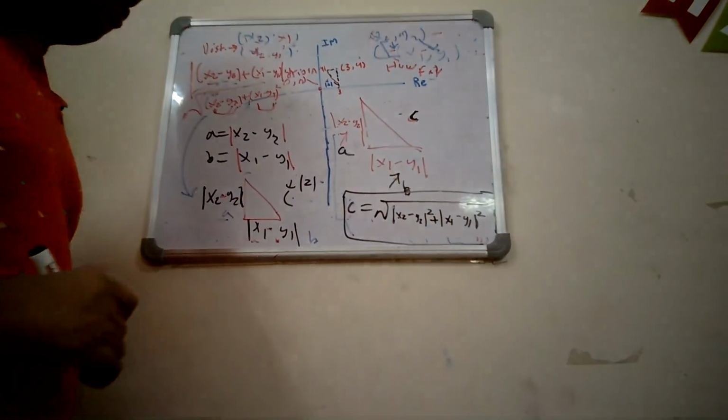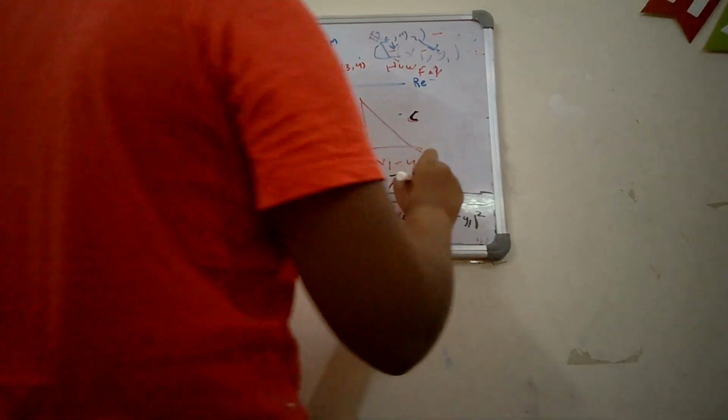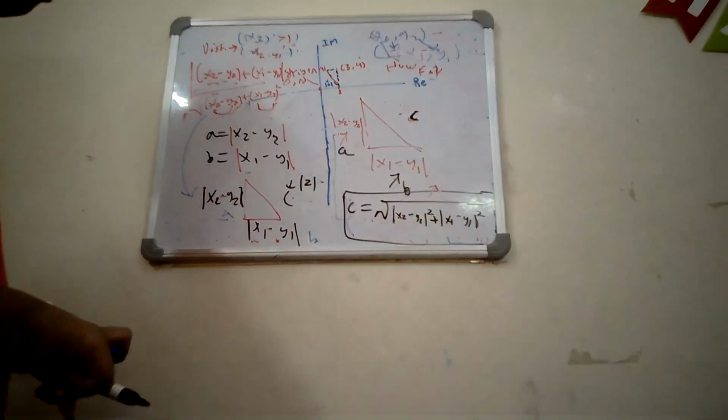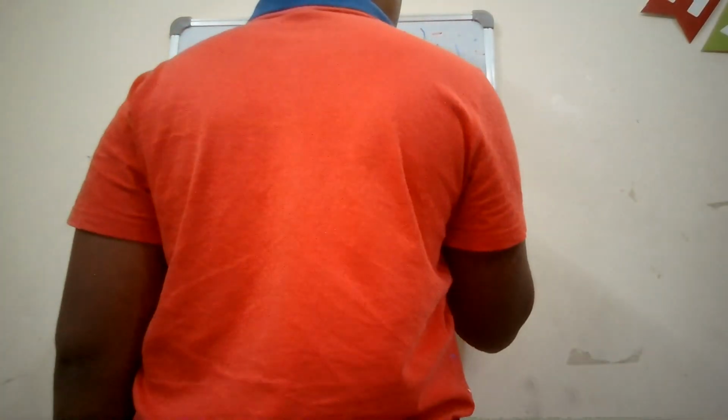That's the recap, just a brief recap. Now you get this. And how do you simplify this? Let me show you. Right here, we have the square root of x2 minus y2 squared, and this whole thing is squared.